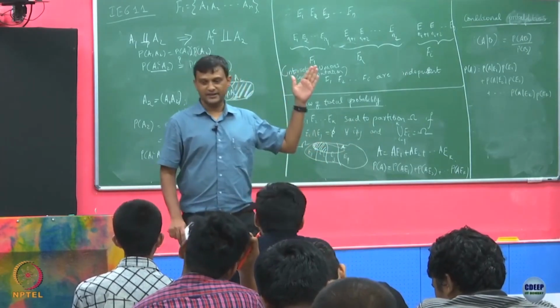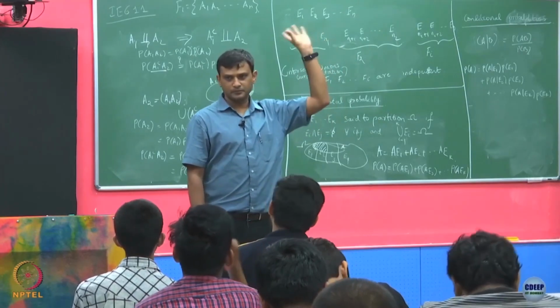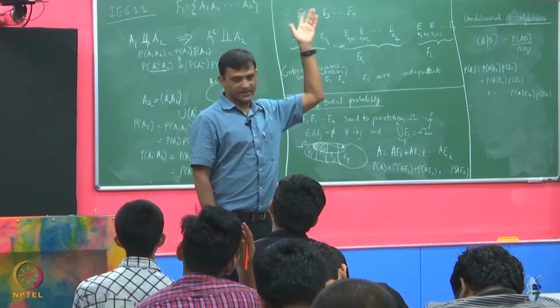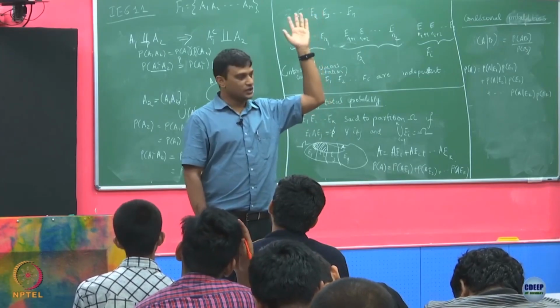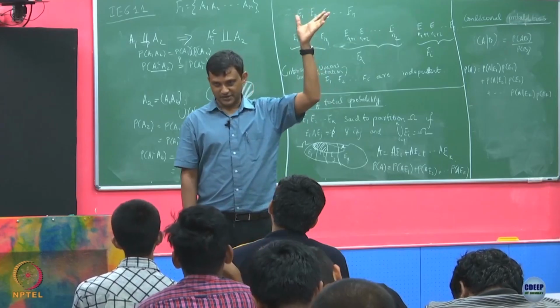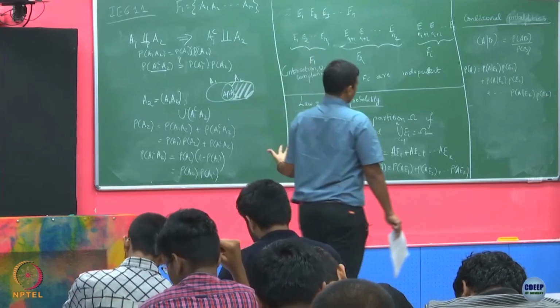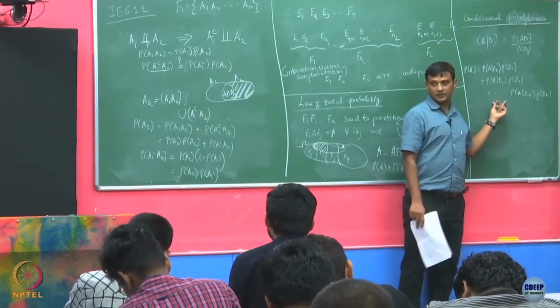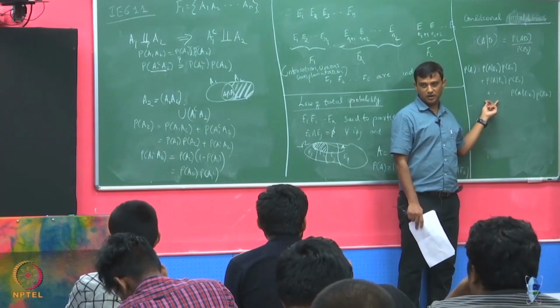Suppose you have omega, and you know that omega can be partitioned like that. You have prior information, and you know the probability of each of this partition. In that way, do you think you can leverage that information to compute these probabilities?